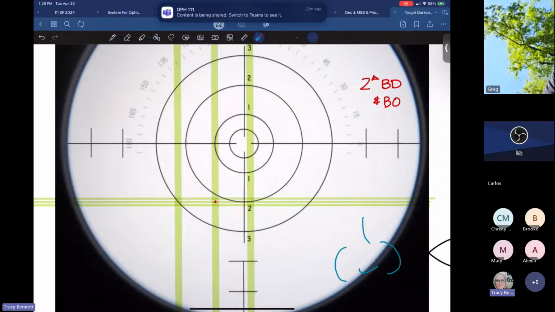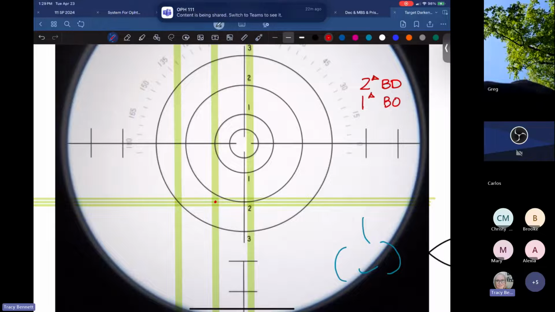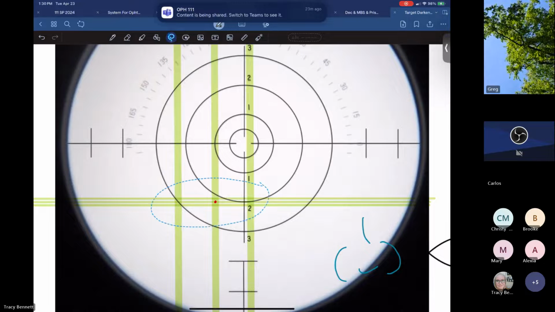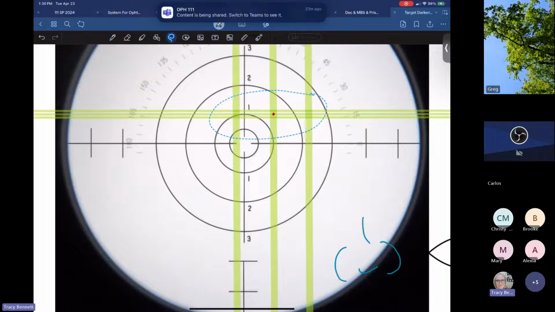You can see that we went to this point from here, and that would be one diopter. So the way you would see that written is 2 base down and 1 diopter base out. Okay, so let's try. Let's try one.